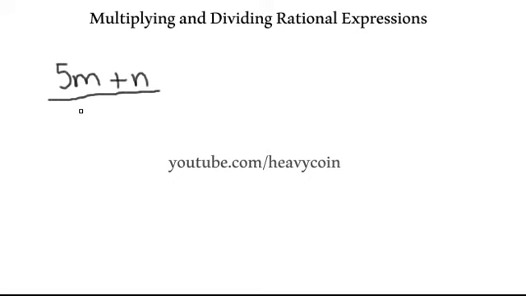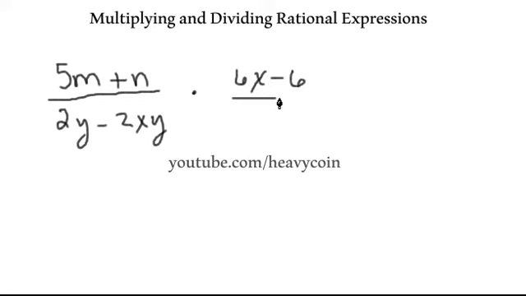Let's see, 2y minus 2x. 2y minus 2x. Actually, minus 2xy. How's that? And we'll multiply that by 6x minus 6. And that's going to be over 20m plus 4n.